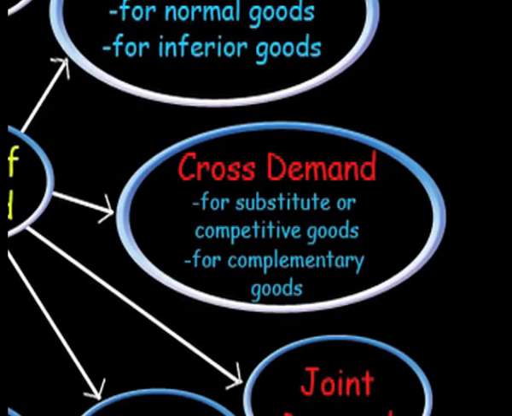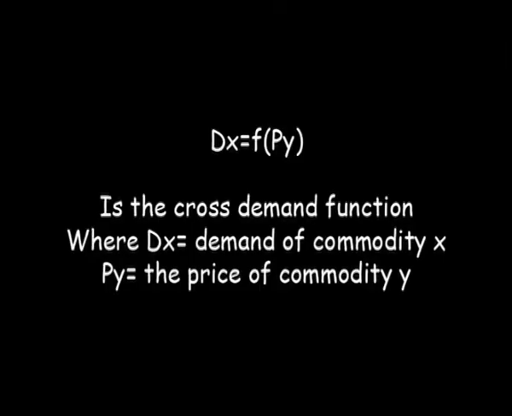Now let's talk about cross demand. A change in the price of one commodity results in a change in the demand for the other commodity. So the price of one commodity affects the demand for the related commodity. It is represented as Dx = f(Py).